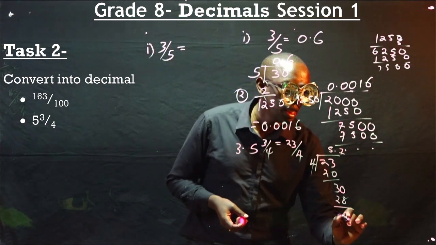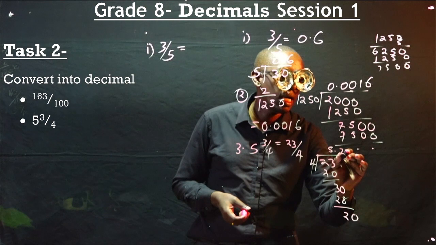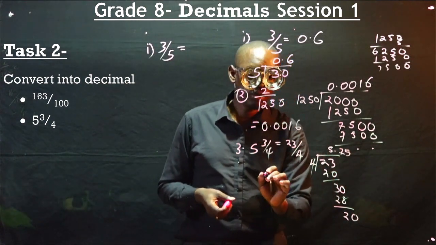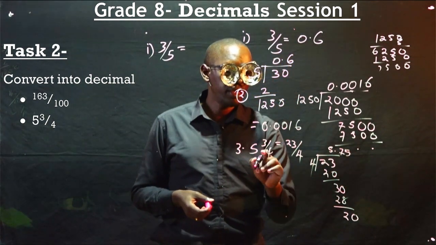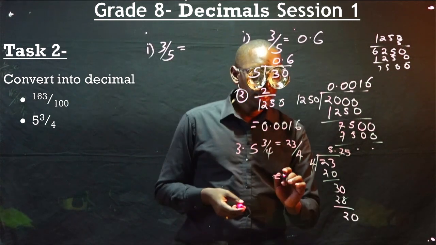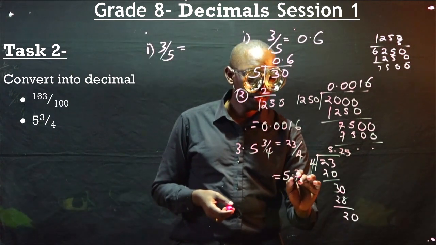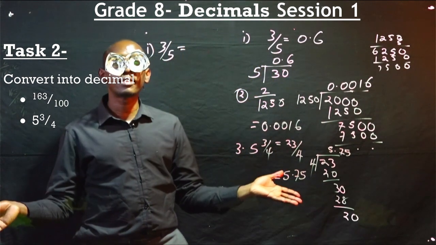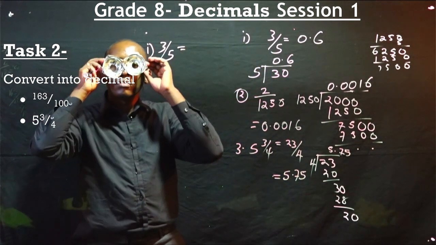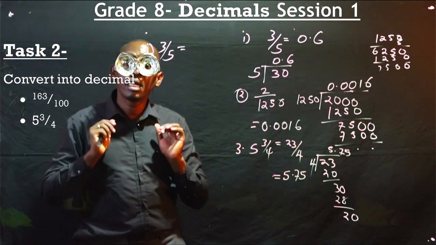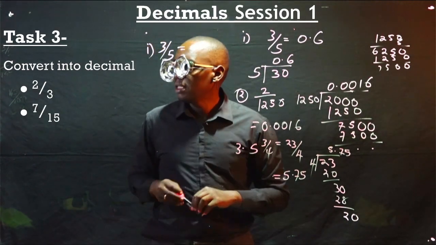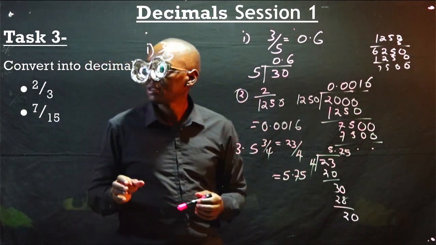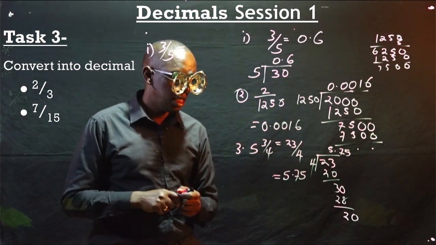We have 2, add a 0 there. So this is 5. So we could say that 5 and 3 over 4 is equivalent to 5.75. Excellent. Okay. Now, I'll leave you to do the other one.